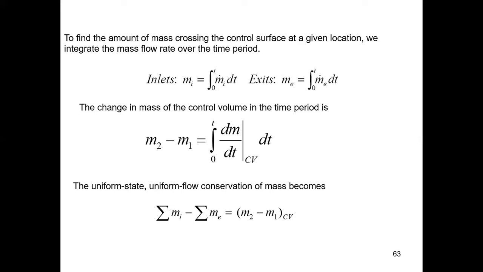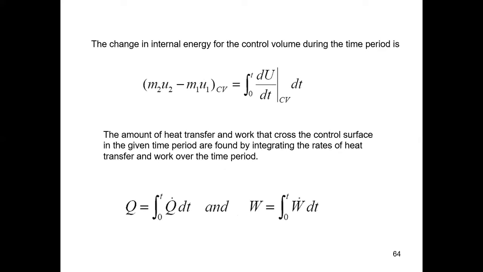Exit is the integral of m dot exit times dt from 0 to t. So M2 minus M1 is the integral from 0 to T of the change in mass with respect to time over the control volume. The uniform state, uniform flow conservation of mass becomes sigma mass in minus sigma mass exit is equal to M2 minus M1 of the control volume.